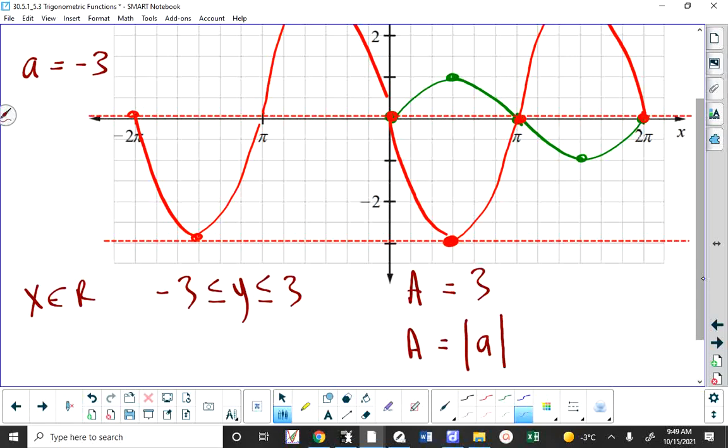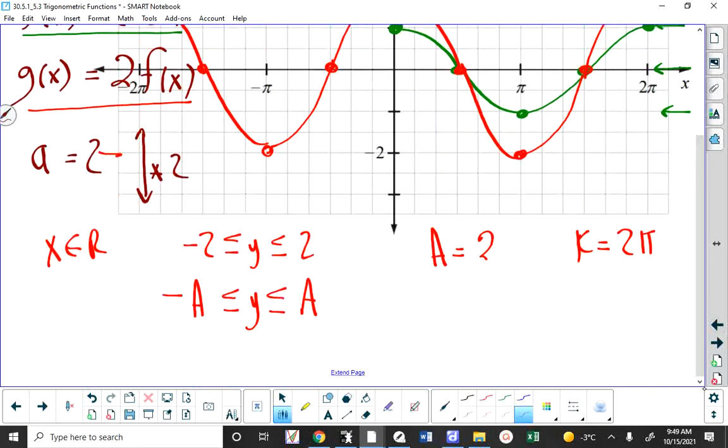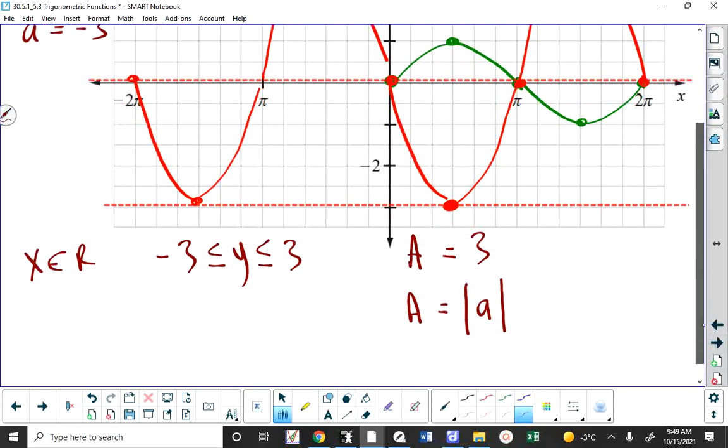And there's a difference between capital A and little a. Capital A is the amplitude. Little a is the number that's in front of cosine or sine of x. Would this work? Amplitude is the absolute value of a. Would that have worked here? Yes, because 2 is little a, the absolute value of 2 is still 2. And the period is 2 pi. Any questions with that one?